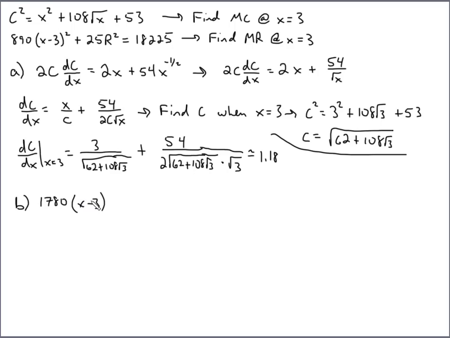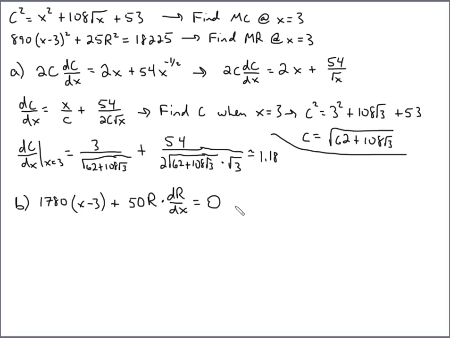This technically requires the chain rule, but the derivative of this inner function is just 1, so we just multiply it by 1, it's just going to stay the same. So plus, that's going to be 50r. So we're looking at this term right now, then we have to remember that r is a function of x, so we multiply this by dr/dx, and then the derivative of the right side is 0, since that's a constant.